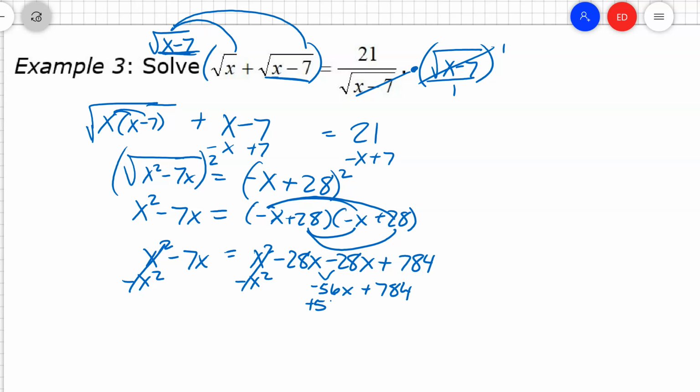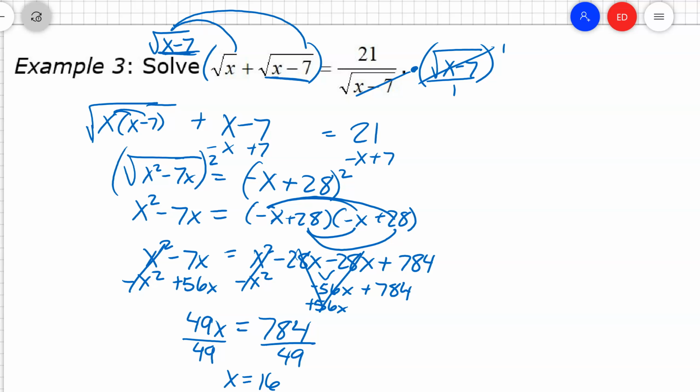So if I add 56x to both sides, I would be left with 49x equals, this is all canceled, 784. Divide 49 on both sides. X is going to just give us 16.